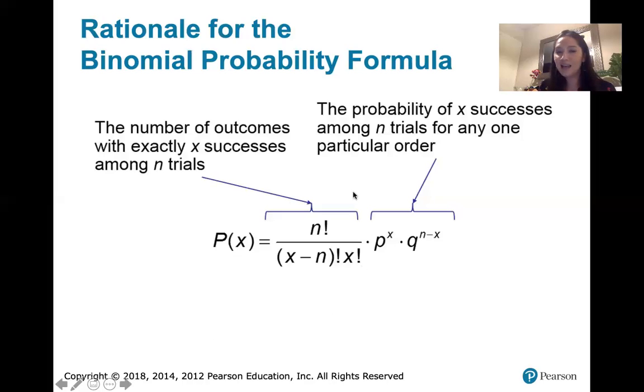This piece has to do with the arrangements, all of those possible ways that we could choose X out of N positions to be successes. And this factor on the right is the probability of having X successes in the first X positions and then N minus X failures in those last N minus X positions.